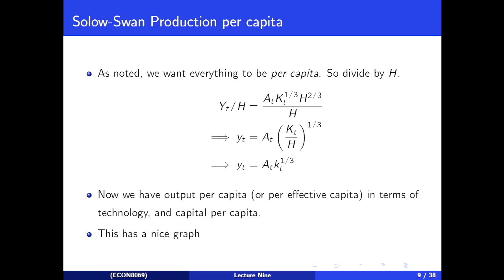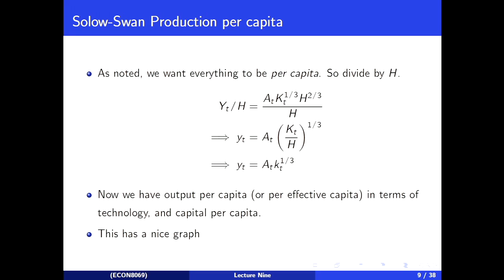The reason I say this is nice is that when we draw our graph, basically the same graph as last time, but with capital per capita and output per capita, we no longer have to worry about the level of effective labor, because it doesn't appear in our equation at all. If we look at our equation, there just isn't any reference to effective labor.